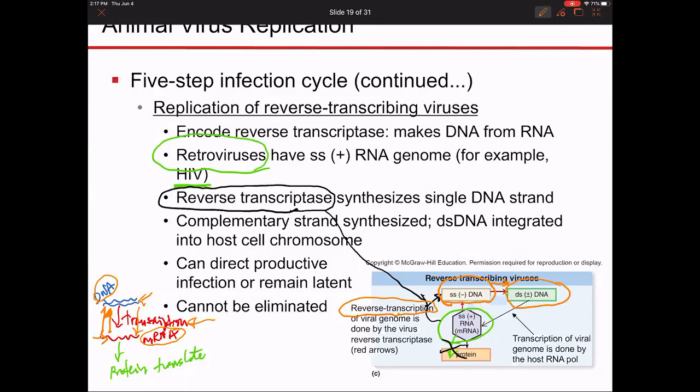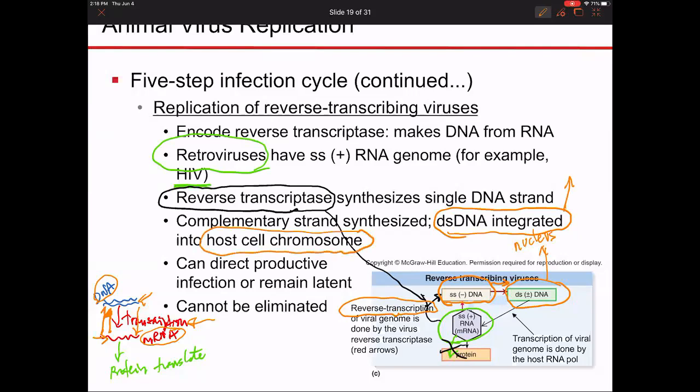That double-stranded DNA will now travel to the nucleus of the cell. And in the nucleus, that DNA will be integrated in the cell genome.